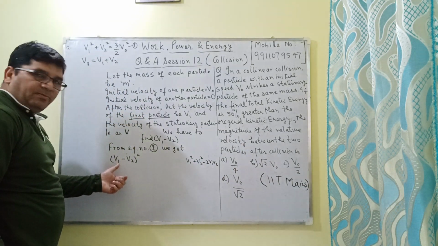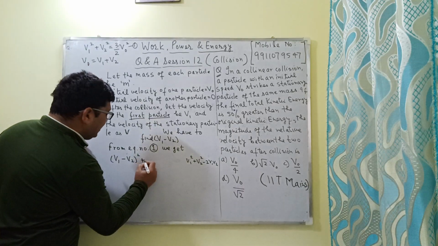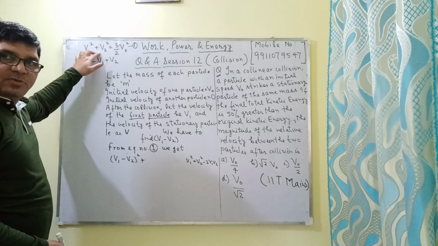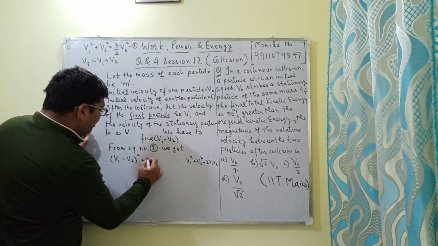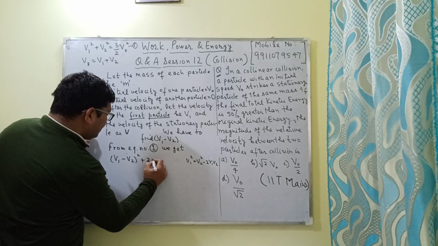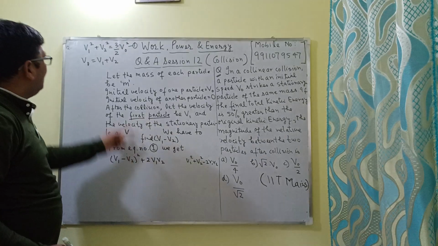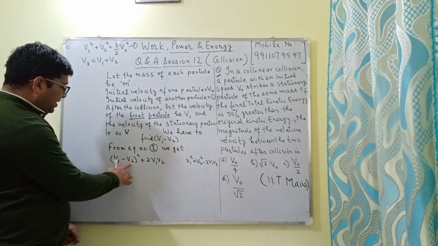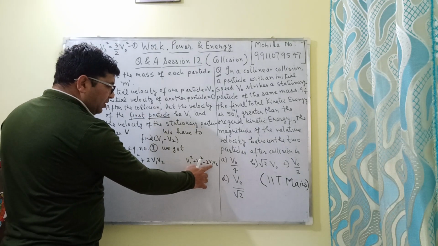Since I am taking v1 minus v2 as a whole square, here I will write v1 minus v2 whole square plus 2 v1 v2 equal to v1 square plus v2 square, because v1 minus v2 whole square is v1 square plus v2 square minus 2 v1 v2.